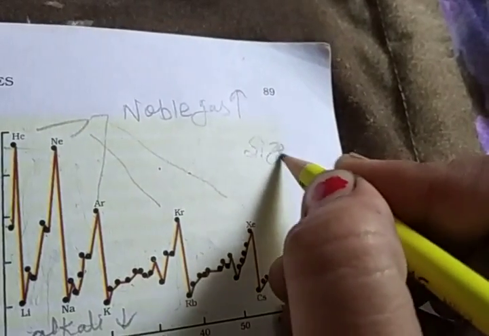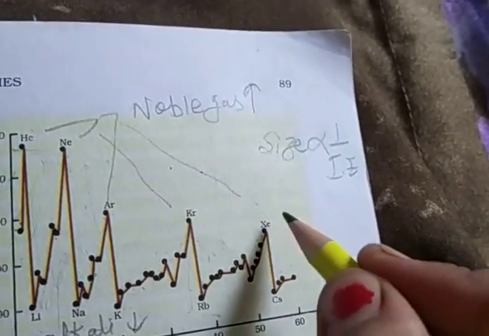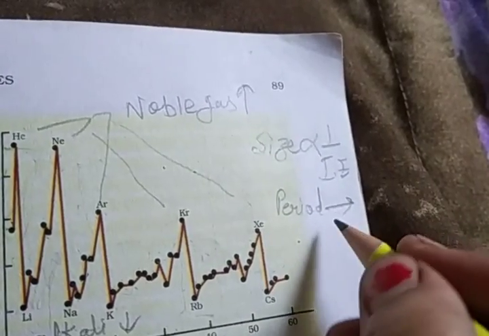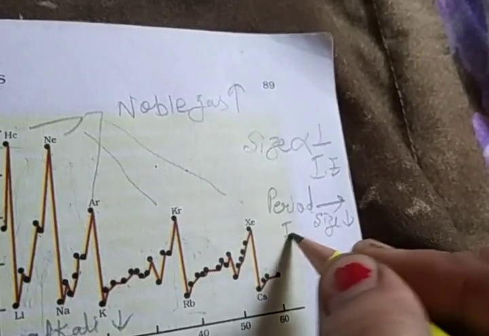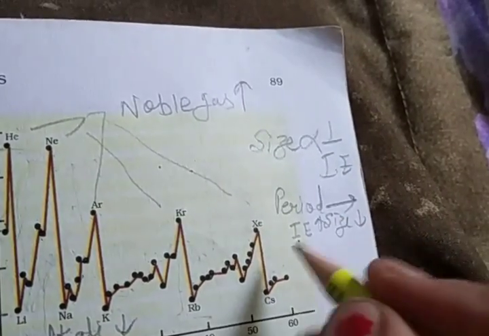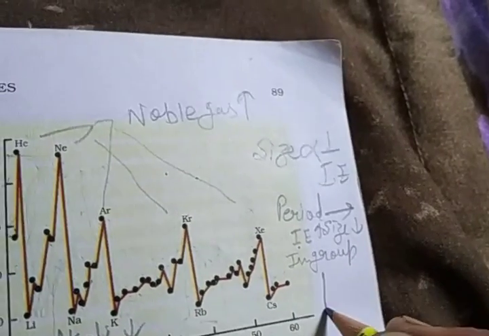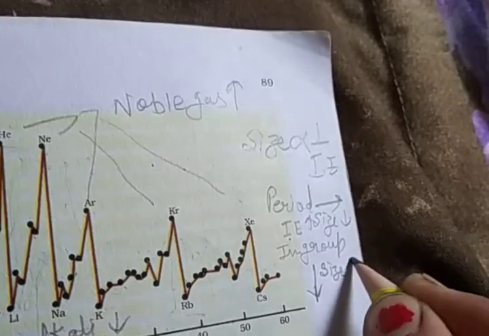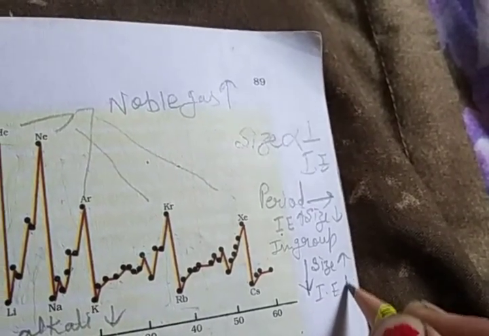Size is inversely proportional to ionization enthalpy. In a period we go from left to right, so size decreases and ionization enthalpy increases. In a group we go from up to down, so size increases and ionization enthalpy decreases.